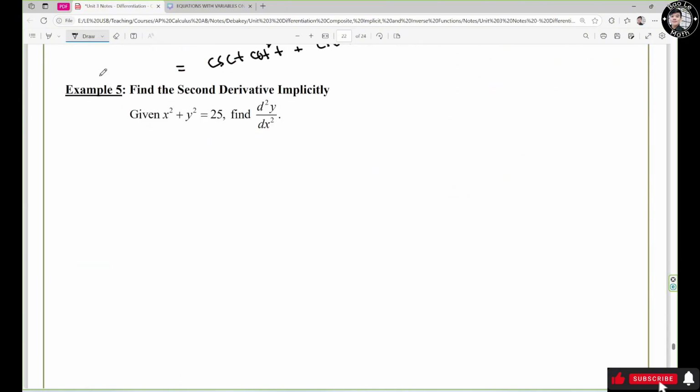Now let's move on to example number 5. Find the second derivative implicitly, right? So we need to find the first derivative, right? So we have d over ds of s squared plus y squared equals d over ds of 25, right?